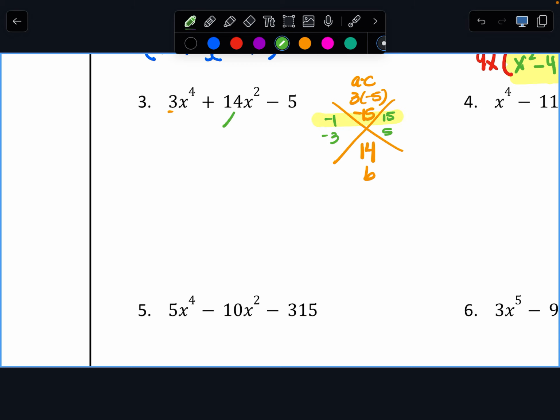So I'm going to break this down into negative x squared plus 15x squared. So I have 3x to the 4th minus x squared plus 15x squared minus 5.